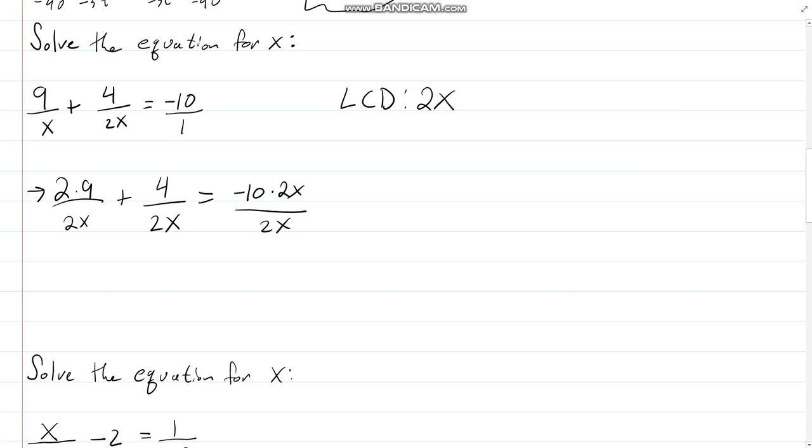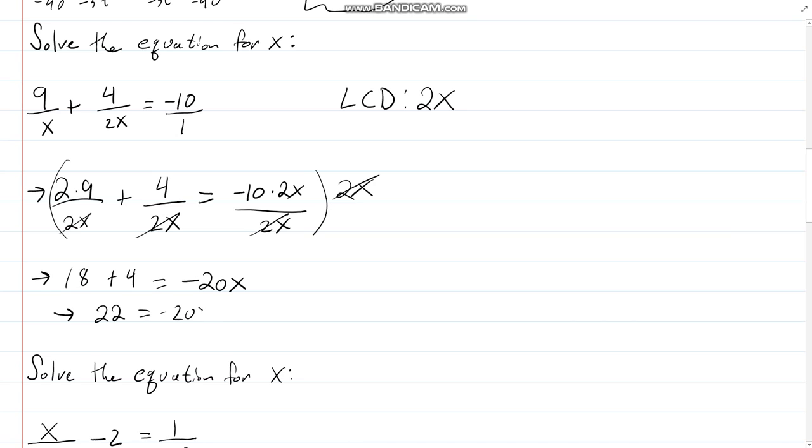Now I can multiply both sides of the equation by the LCD, and the LCD will just reduce out. So what do we get? 2 times 9 is 18, plus 4 equals, and then negative 10 times 2x would be negative 20x. So we have 18 plus 4, which is 22, equals negative 20x.